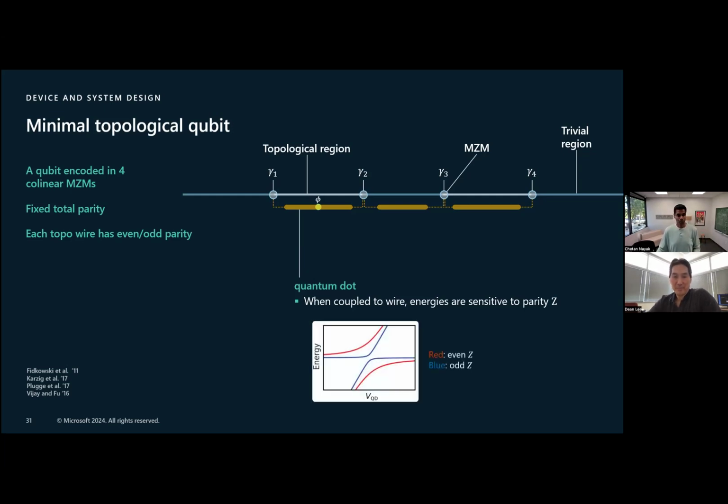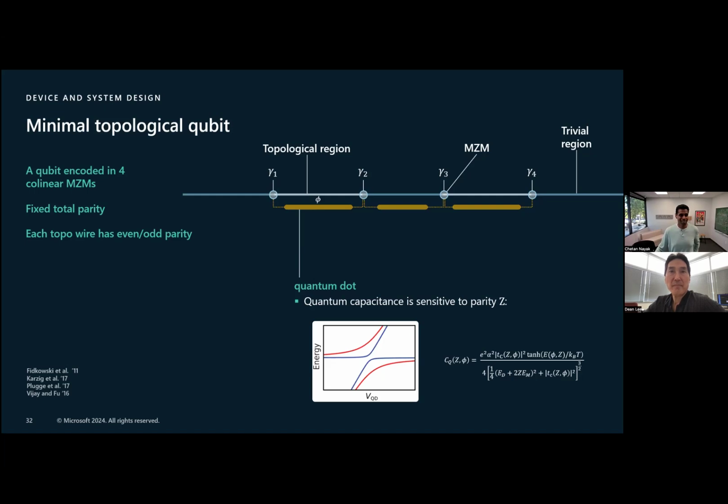The energies as a result of this dot-wire system actually look like this. There's an avoided crossing in the energy spectrum, and the size of that avoided crossing depends on whether Z, the fermion parity, is even or odd. In one case, you have a very small avoided crossing, in the other case, a larger avoided crossing in the energy spectrum. And that avoided crossing translates, since the capacitance is the second derivative of energy with respect to voltage, into an analytic expression in certain simplified limits.